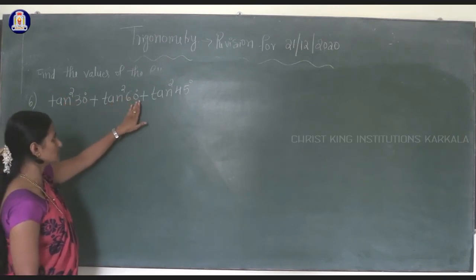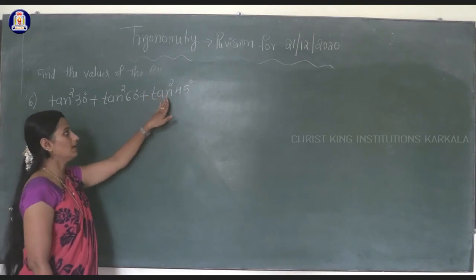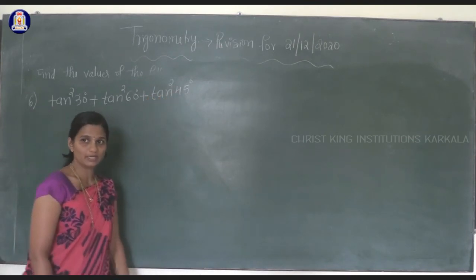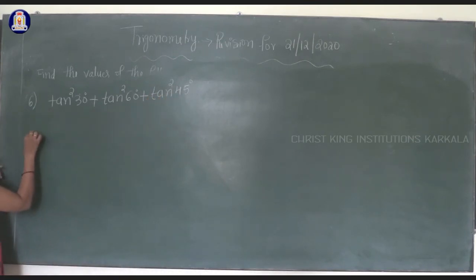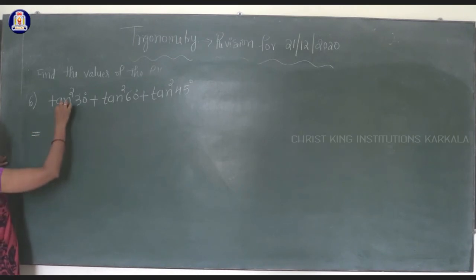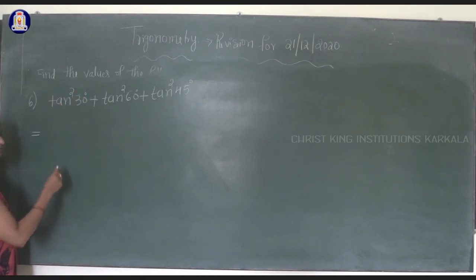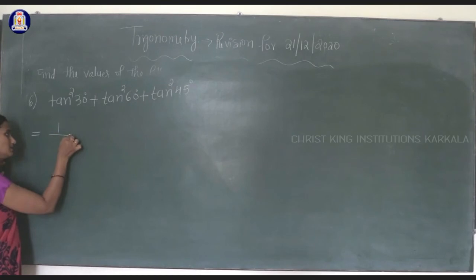Next question. Tan square 30 degree plus tan square 60 degree plus tan square 45 degree. What is the value of tan 30 degree? It is 1 by root 3.